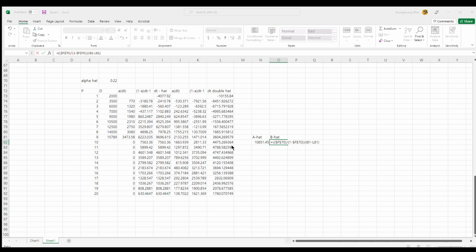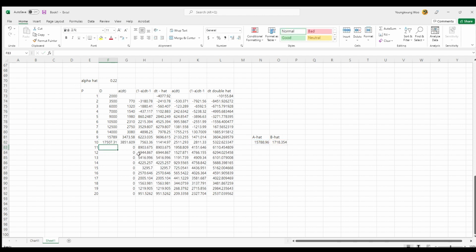Oops, give me the error. That's okay. Okay, this one has to be here. And this will be A hat plus B hat. We're gonna go to the one.